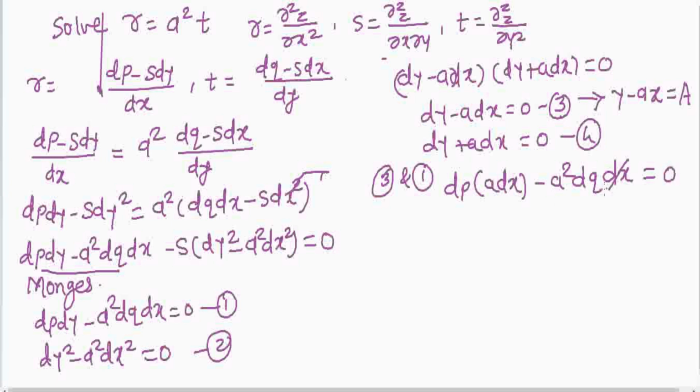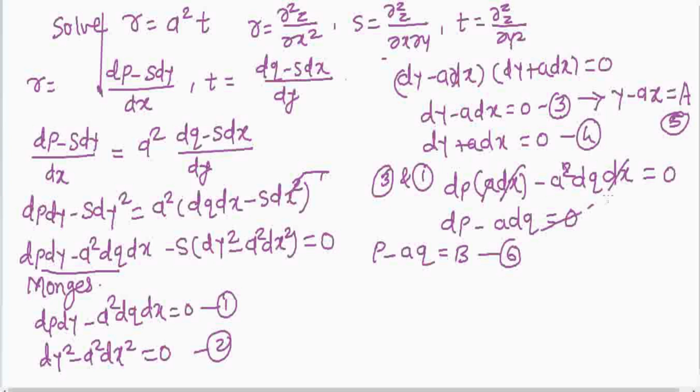Look at this, dx is common and cancels, a and this a square are common and cancel, we get dp minus a into dq equal to 0. Integrating this, we get p minus a into q is equal to b. Suppose this is equation number 6, since the previous equation is 5.